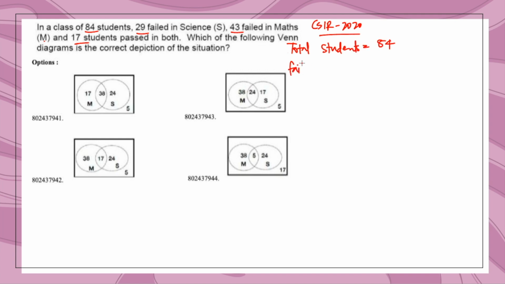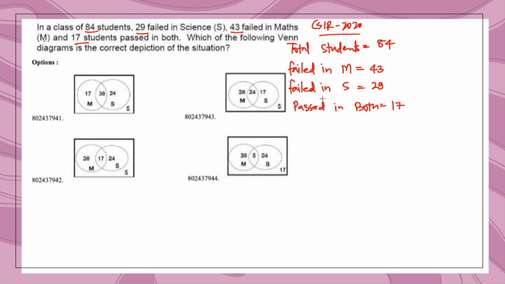Those who failed in maths, I'm writing M, those are 43, and those who failed in science are 29. And those who passed in both, they were 17 students.